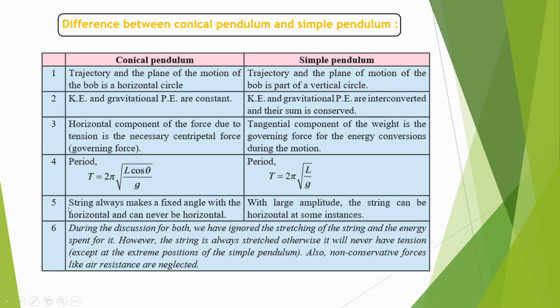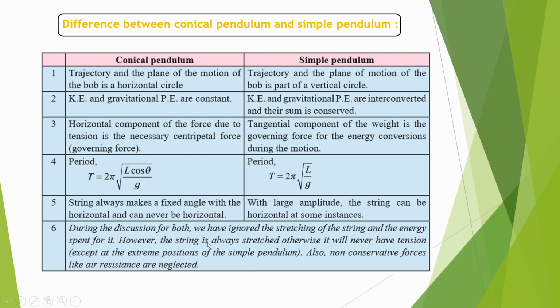The fifth point is, in a conical pendulum the string always makes a fixed angle with the vertical and can never be horizontal, and in a simple pendulum with large amplitude, the string can be horizontal at some instances. For the sixth point, during the discussion for both, we have ignored the stretching of the string and the energy spent for it.